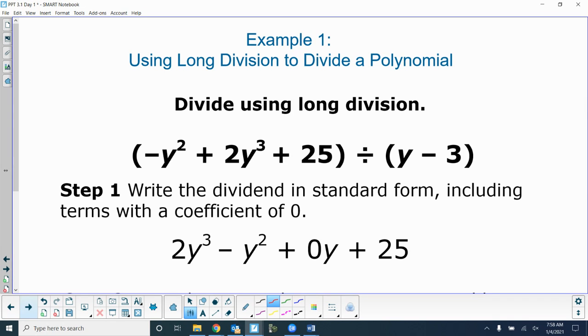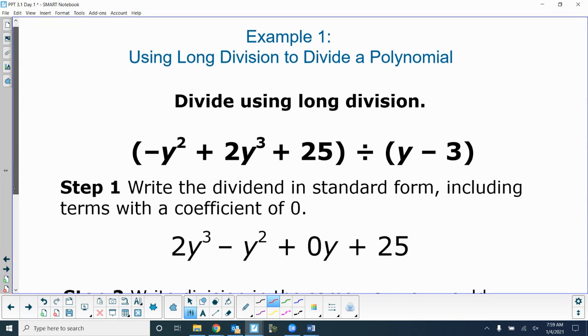If there's a y cubed, there's got to be a y squared, there's got to be a y, and then the constant. So we had to add that spot. It's always plus 0, whatever you need. It's got to be in the correct order, though. Highest, then go down by 1 to the constant. So that's the first thing. Put this in the right order and add any zeros that you have to add.